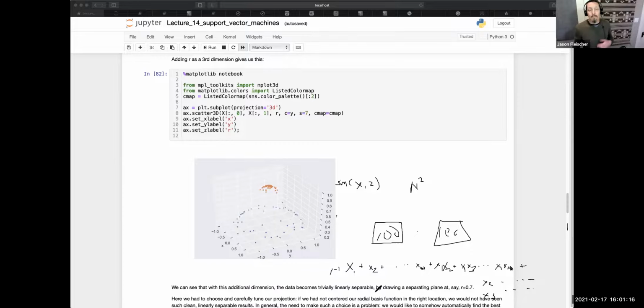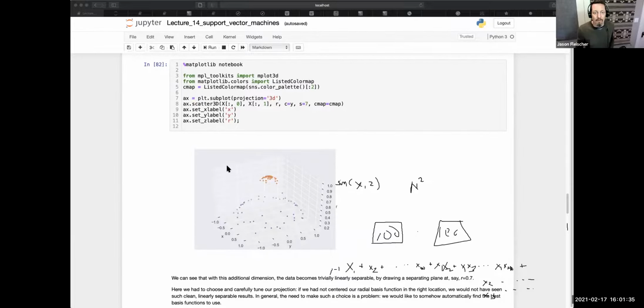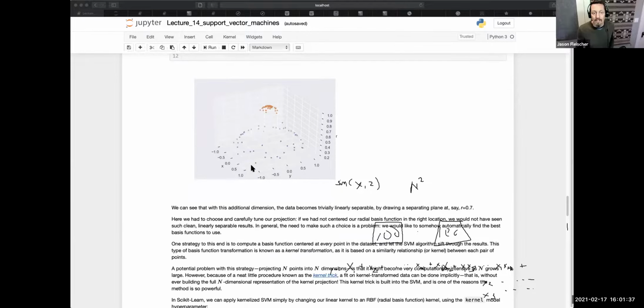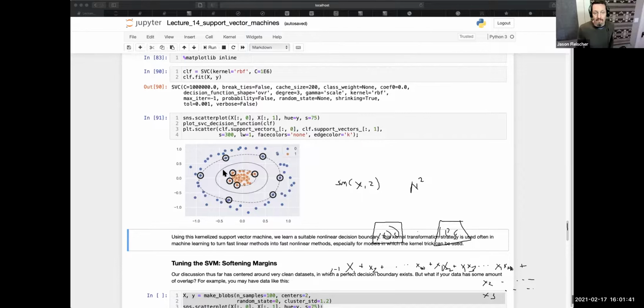So the kernel trick, and we are so past time, I apologize. The kernel trick is that instead of doing it on the projection in dimensions, we do it on the data points, not the variables, but the data points. So radial basis function is just that we have to calculate in the original dimensionality all possible pairs of distances.